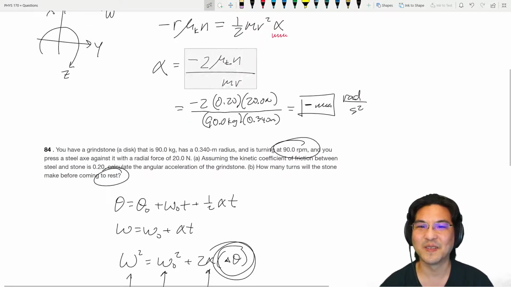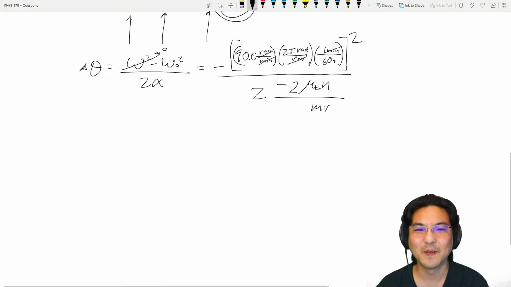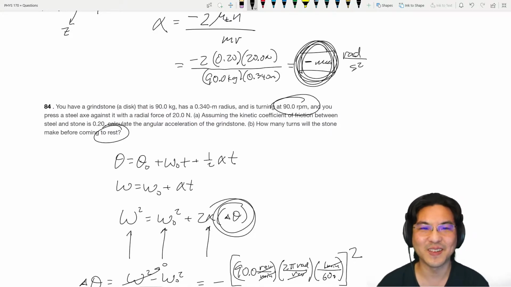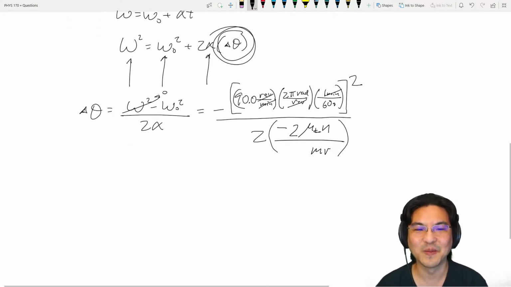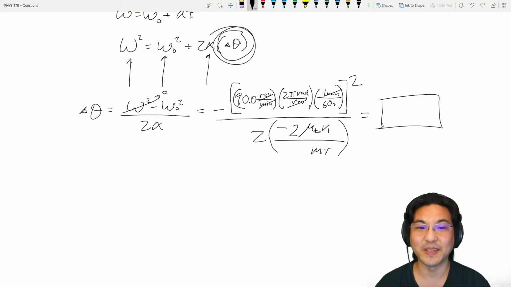All this goes here, there. And then just plug in those numbers. Or if you kept enough digits here, you can just plug in that number here. Okay, and then this will be something in radians.